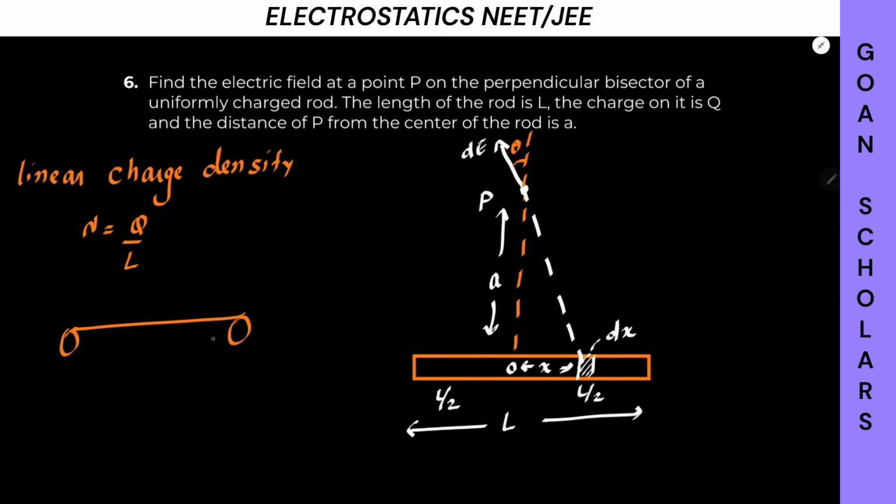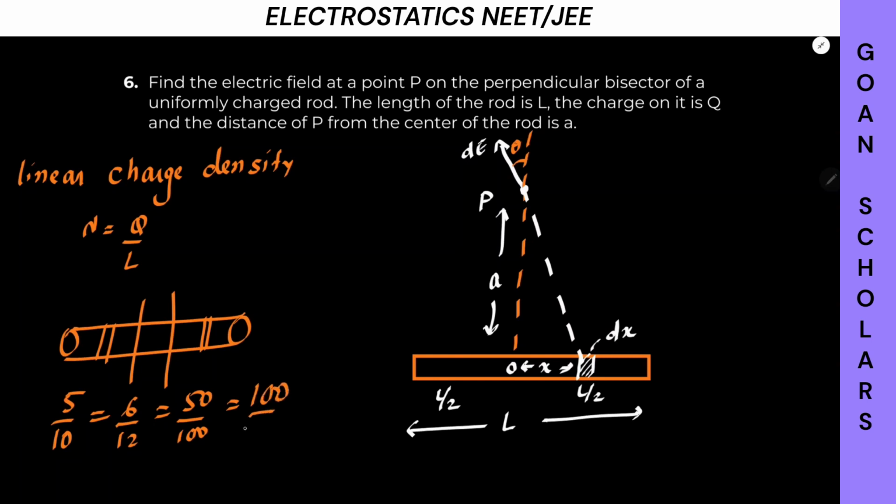Okay, so see here, if you have a rod like this, let's say this is a small part of wire, this is another part of wire, and this is much smaller. Then what does lambda say? I'm just taking an example: 5 by 10, 6 by 12, 50 by 100, or 100 by 200. Each segment of this wire will have equal lambda.